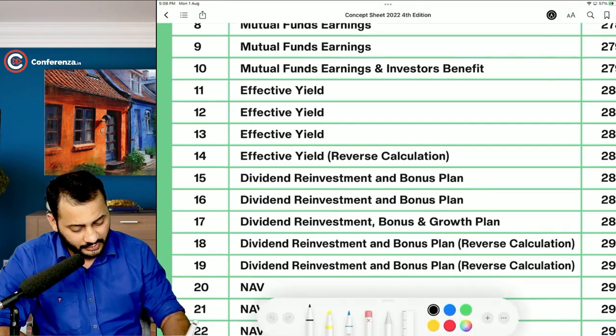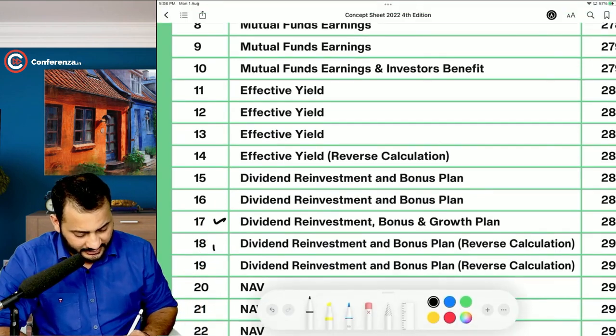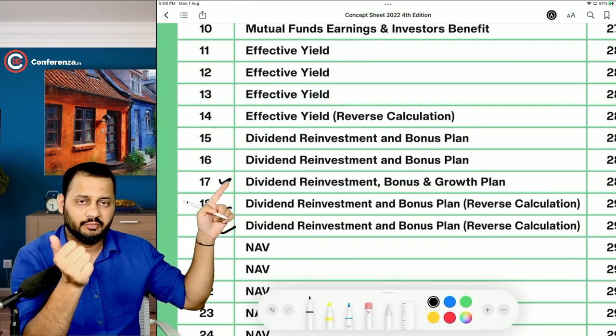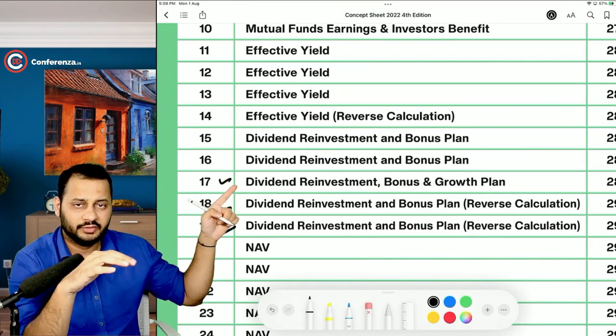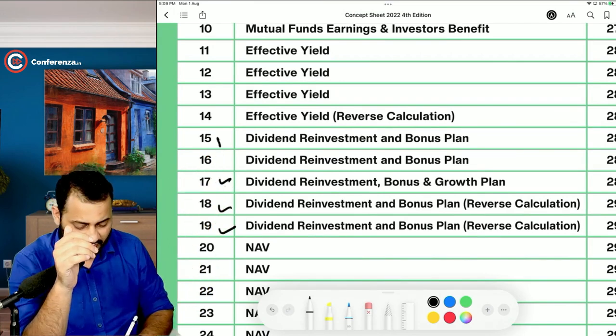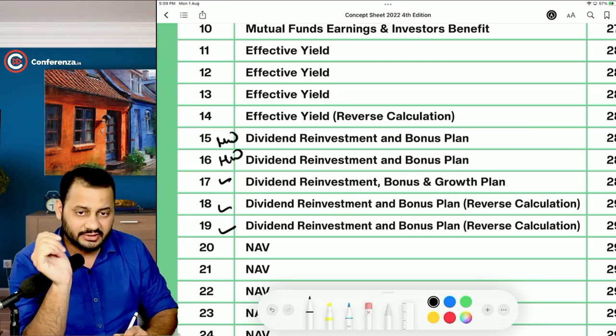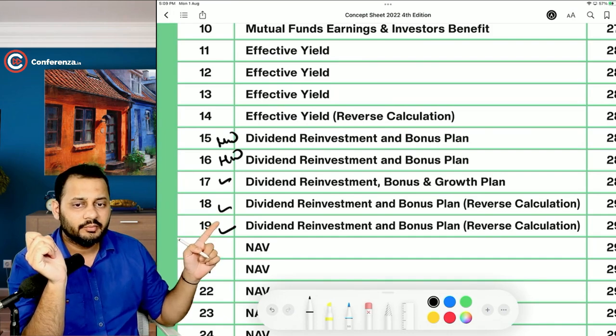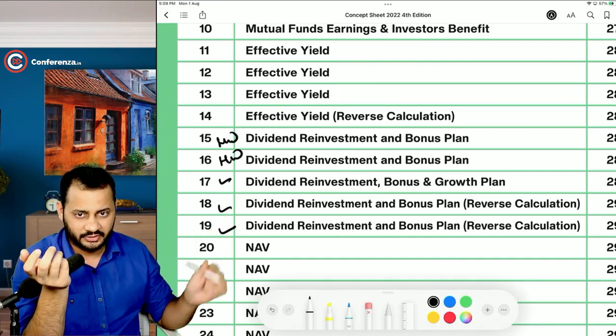I'm going to take 17, 18 and 19, because 17 includes dividend reinvestment, bonus and growth plan. Out of these 3 plans, 2 have been covered in 15 and 16. So 15 and 16 will be your homework, and these 2 will be taken by me because these are based on the reverse calculation methodology.